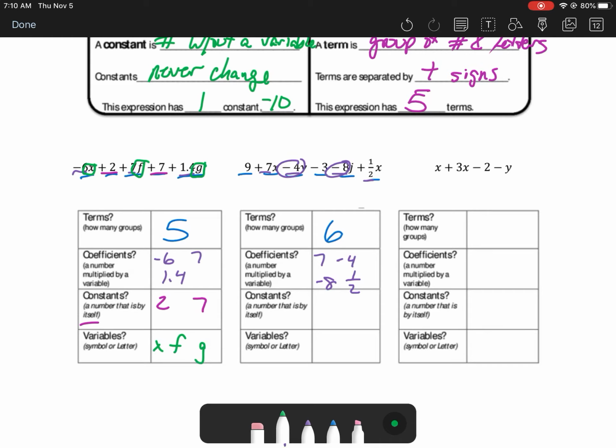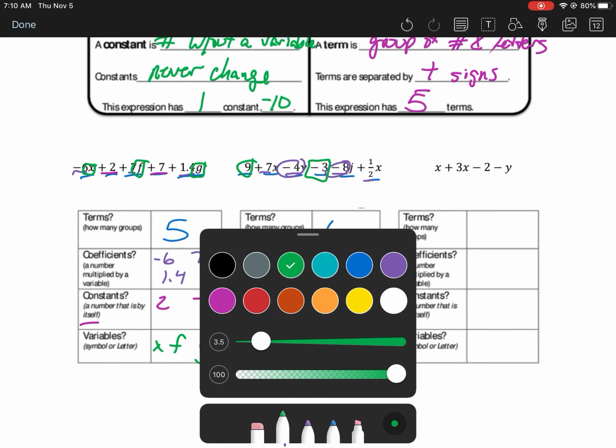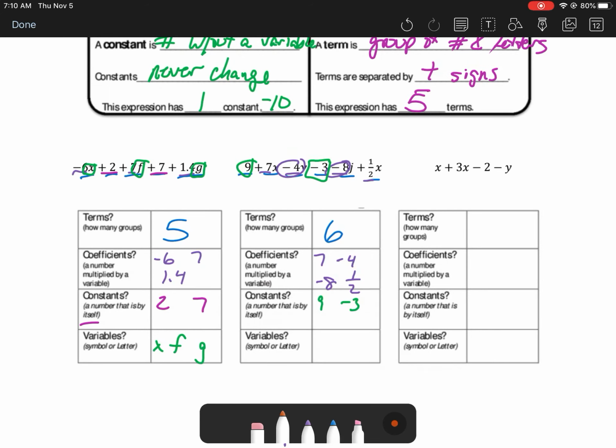What are my constants? I got 9 and -3. And then finally, what are my variables? Let's do orange. Ooh, mixing it up. I have X, Y, J, and then another X.